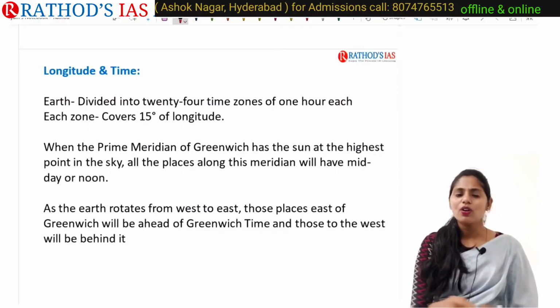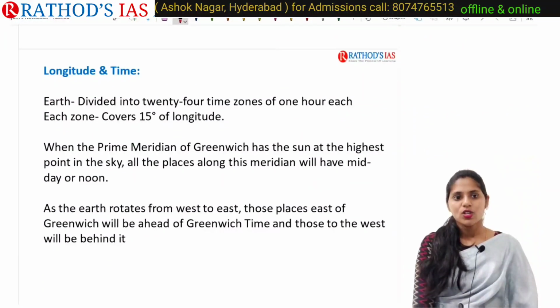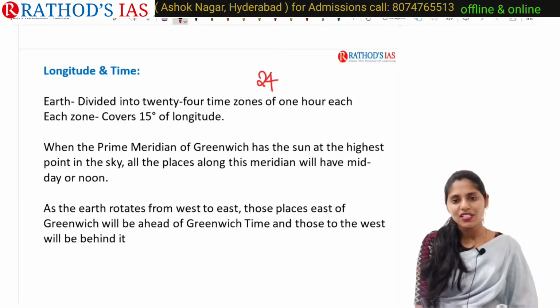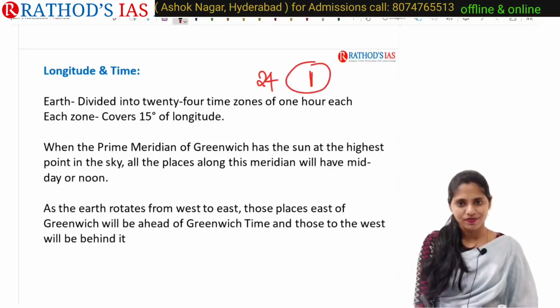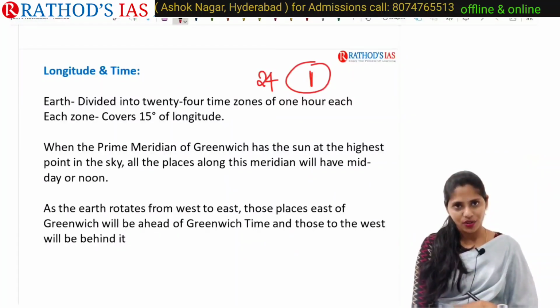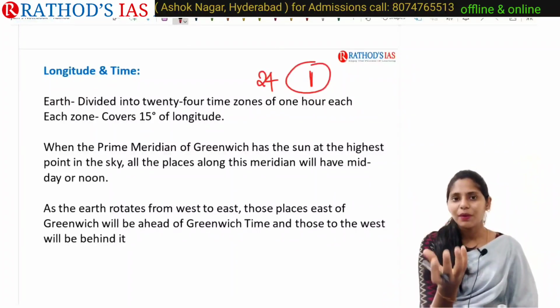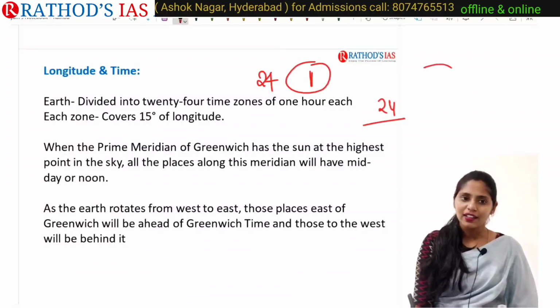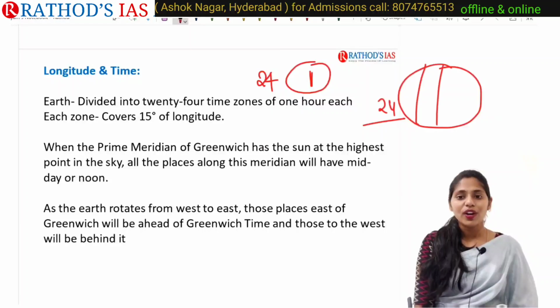Now let us talk about longitude and time. Earth is divided into 24 time zones, that means 1 hour for each zone, because a complete rotation of earth takes 24 hours.